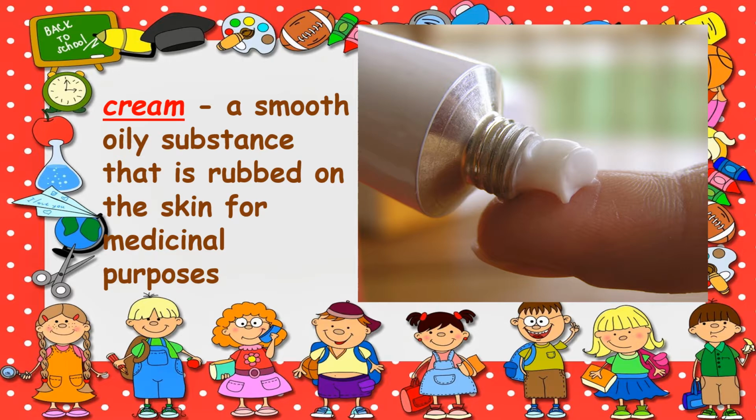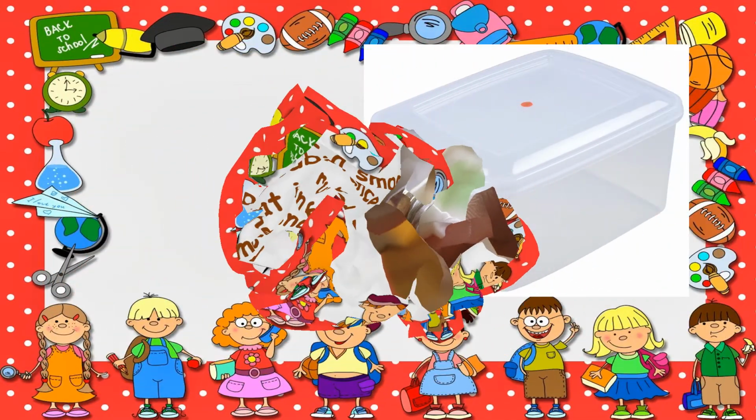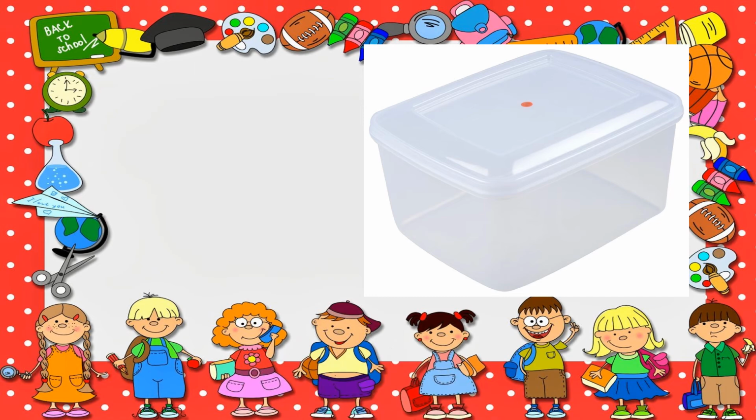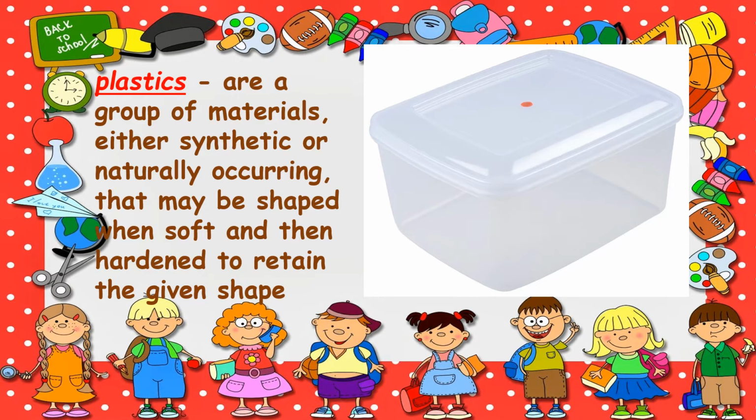Cream, a smooth, oily substance that is rubbed on the skin for medicinal purposes. Plastic. Plastics are a group of materials, either synthetic or naturally occurring, that may be shaped when soft and then hardened to retain the given shape.